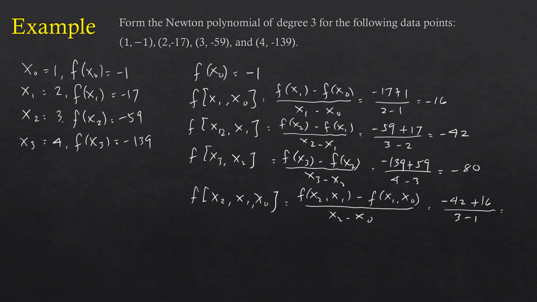So that should give us negative 26 over 2, that is negative 13.